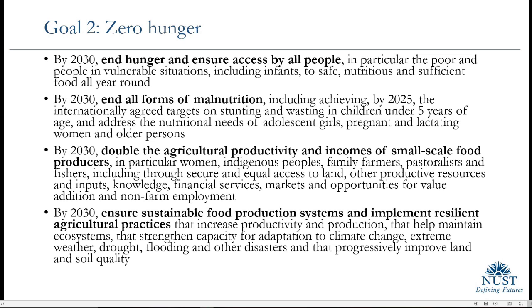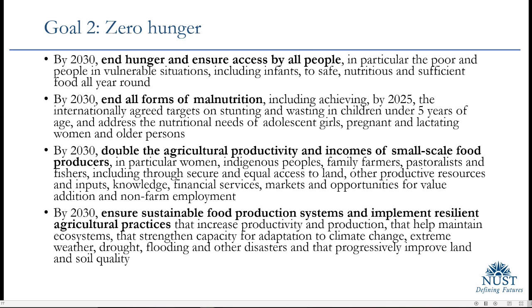The ambitious target is to end hunger and ensure access by all people to food, of course. Malnutrition includes stunting and wasting, and when we talk about malnutrition, it also includes obesity. So goal number 2 also includes this.